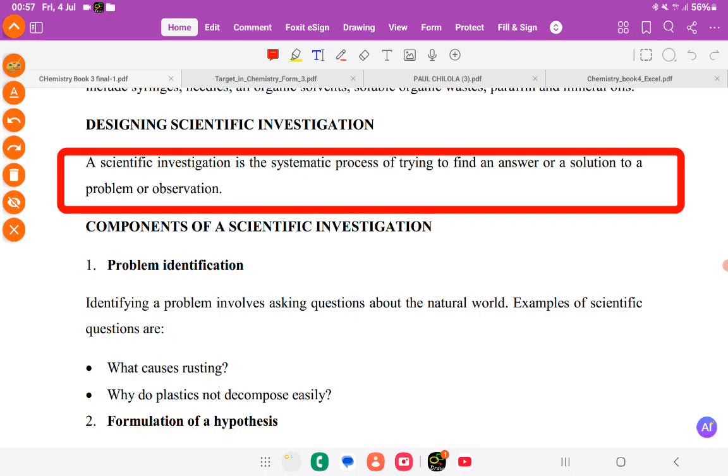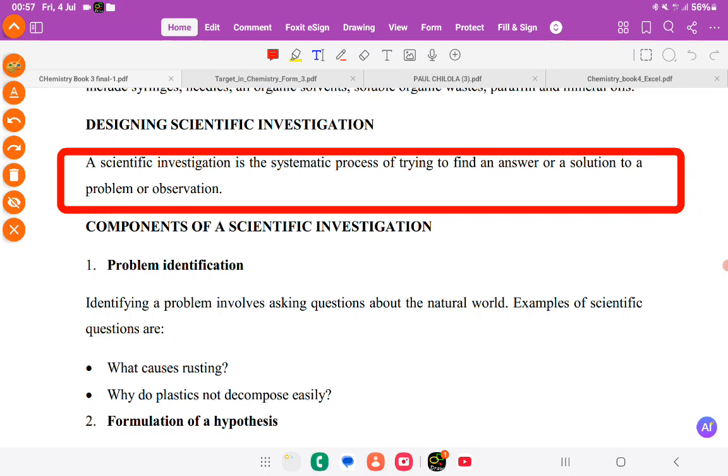So usually the process by which this is done is what is called experimentation. So you carry out an experiment to find a solution or an answer to a particular question or problem, right?